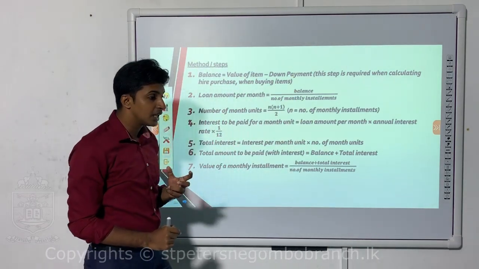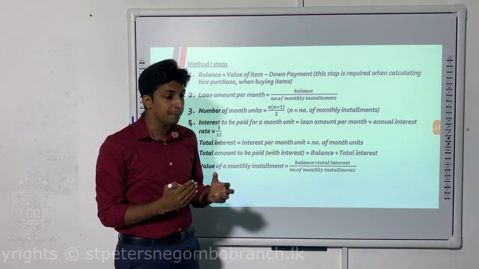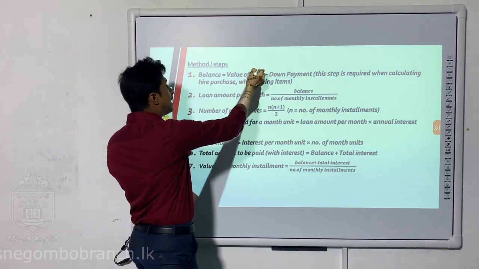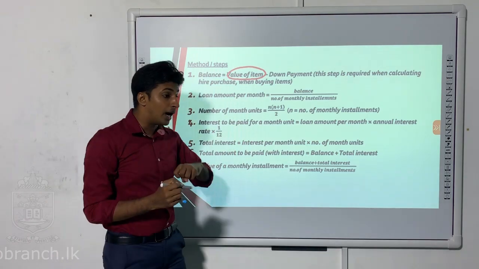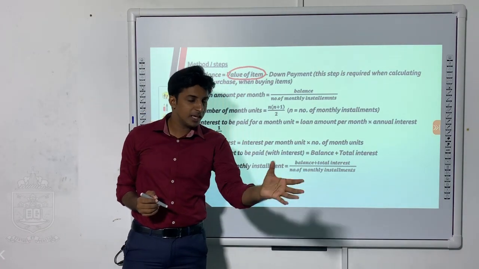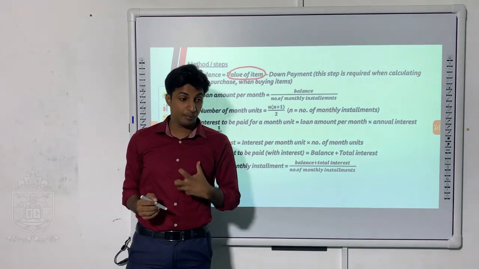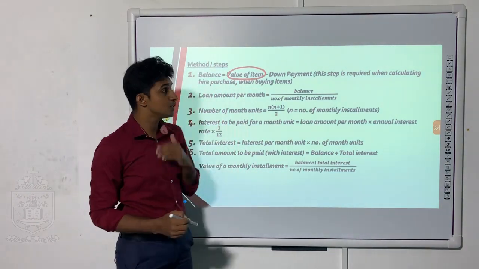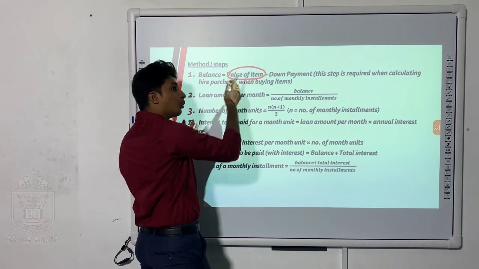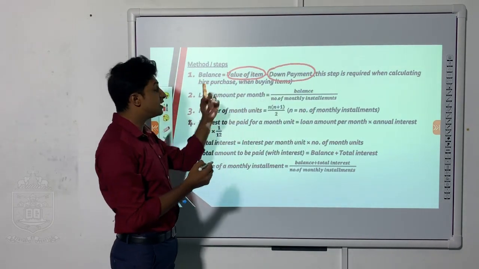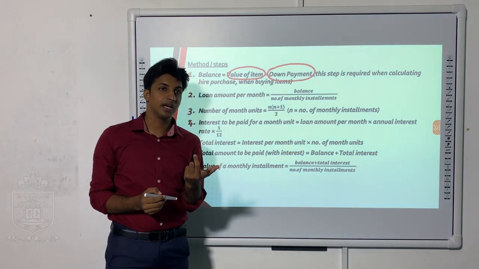Let's take like I said at the very beginning, the washing machine you're going to buy is 50,000, that is the value of the item. I'm going to give 20,000 at the very beginning, at outright purchase. So the balance will be 30,000, right?